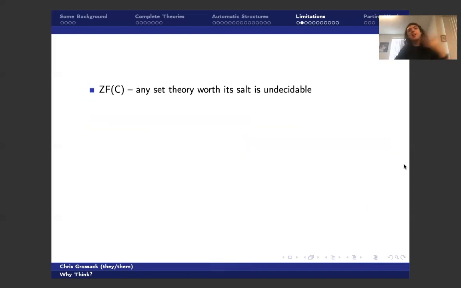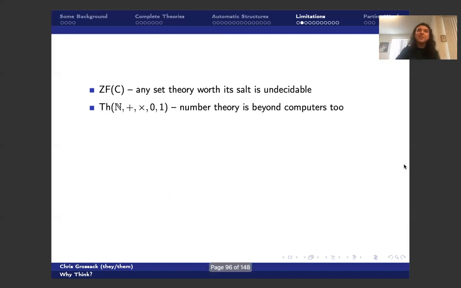So first of all, ZFC or ZF, any set theory worth its salt, is undecidable. You can imagine, right, that this makes perfect sense. But indeed, the theory of the natural numbers with plus, times, 0, and 1, indeed, the theory of Peano arithmetic, is beyond computers as well. So this is called the theory of true arithmetic.